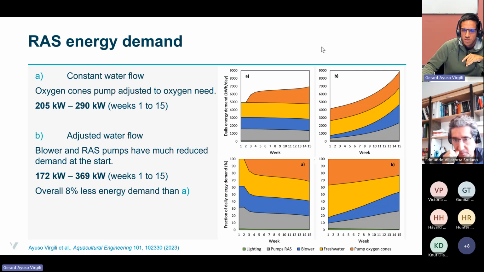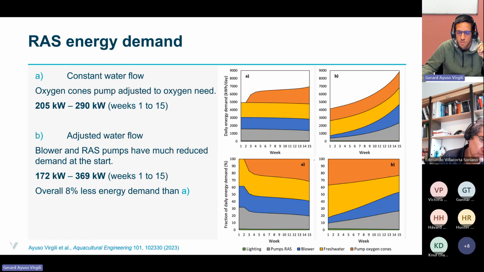In overall terms, there's 8% less energy demand for the 15 weeks in the case with variable flow, which points towards maybe a slightly more sustainable alternative for operating a RAS.